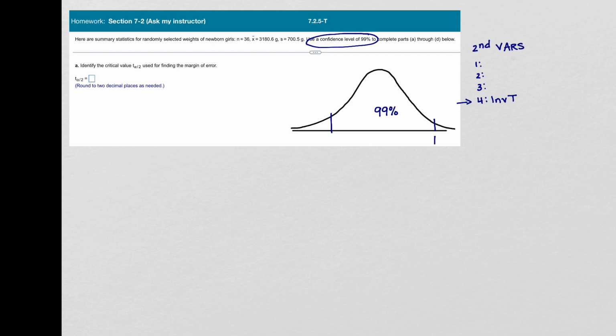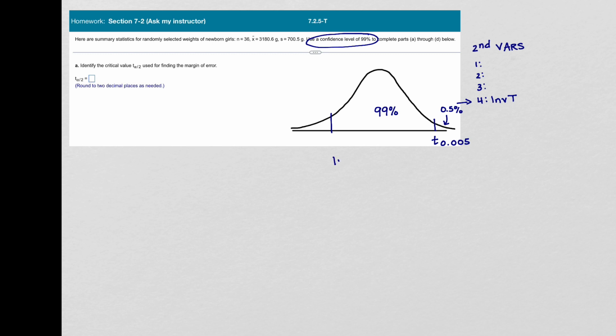So that means that this is going to be my t value, and this area is 0.5%. Because we had 99% in the center, that leaves 1% for the two tails. We cut that in half, and that's just 0.5%. So we're going to find t sub 0.005.